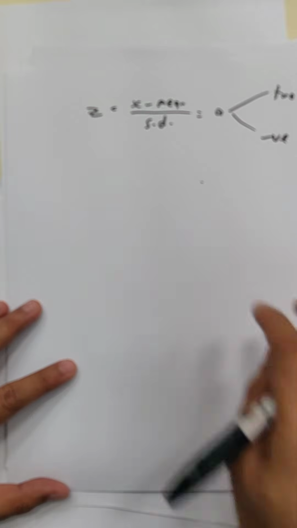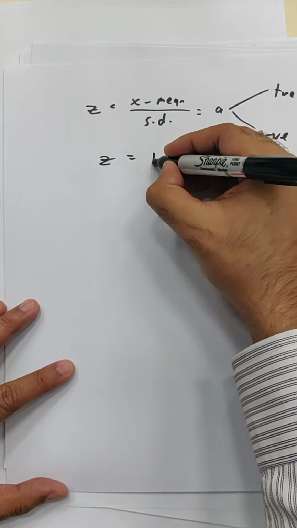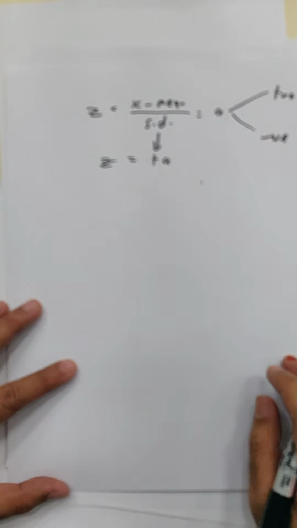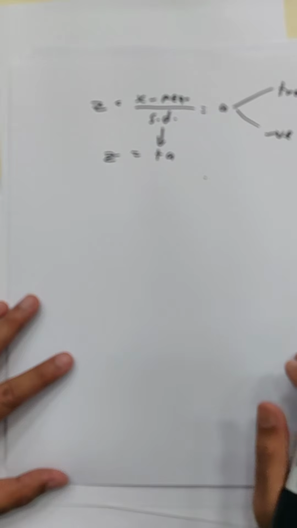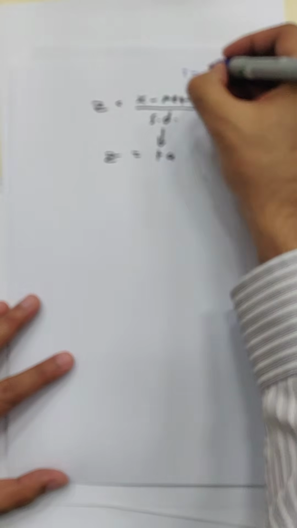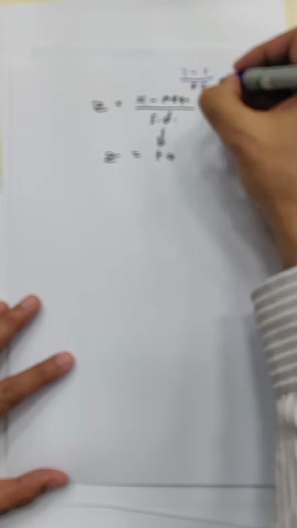Alright, let's say you calculate this one, and it gives you a positive a. For example, 2 minus 1 over 0.5, what do you get? 2, right?